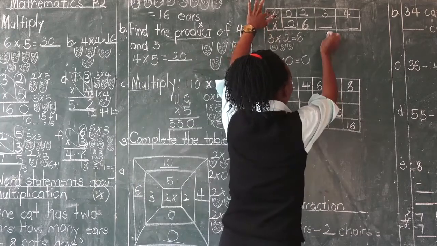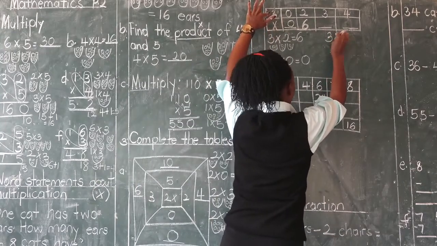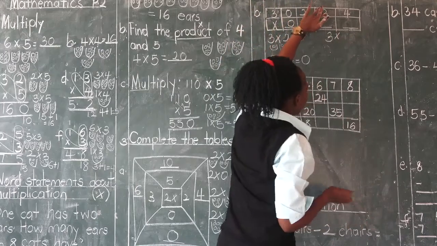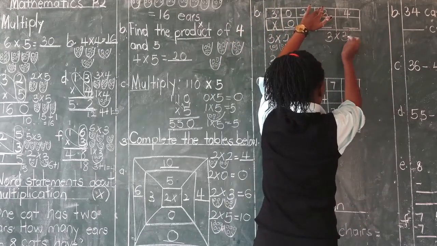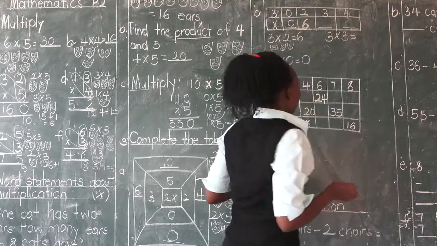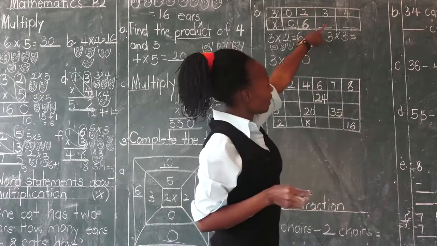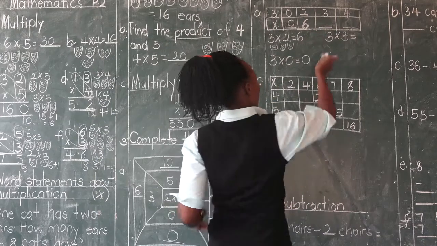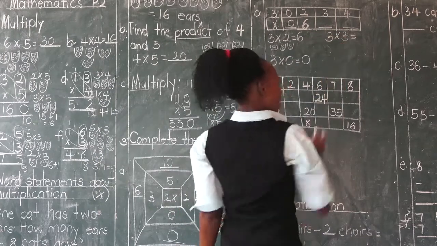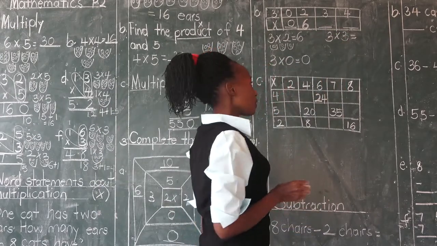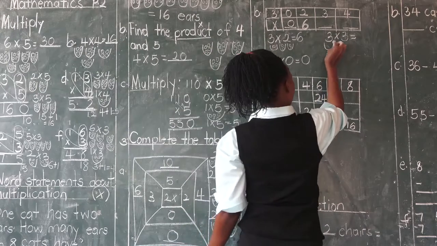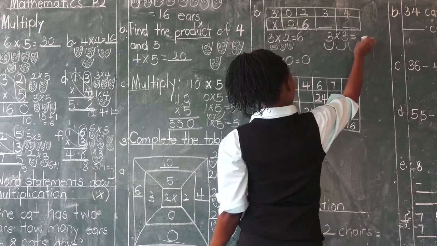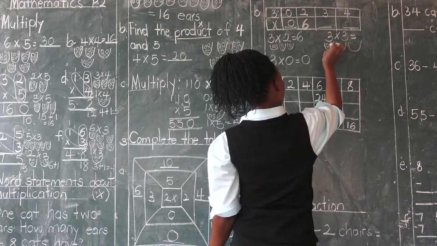We shall have 3 times the 3. Let's find out. And we see which answer we're going to get. Now what we are going to do here, this one is the same as saying 3 groups of 3. We are going to form our 3 groups. 1, 2, 3. 3 groups of 3.